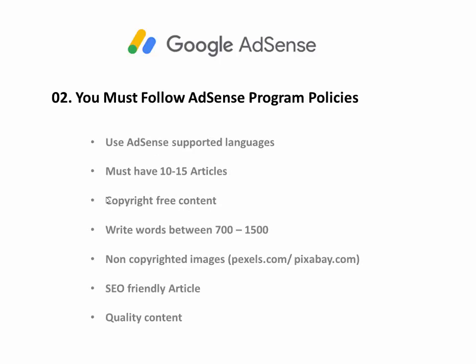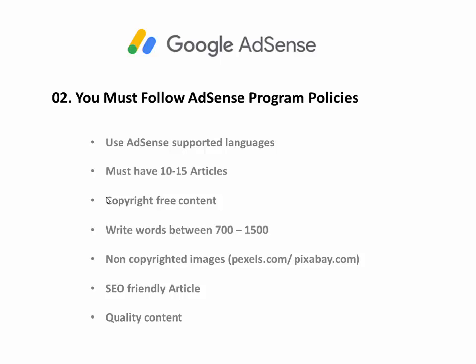The second one is you must follow the AdSense program policies. As I told you, I will put the link in the description, so you can go to that page and refer to the program policies. First thing is always check the Google AdSense supported languages and only write articles using those languages.